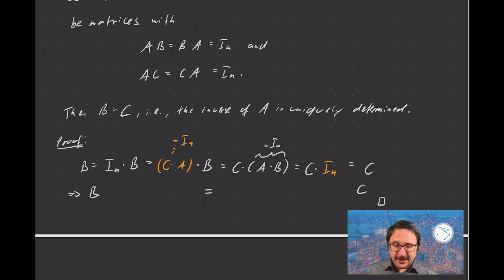So if an inverse matrix does exist, then it is uniquely determined. That's what this theorem tells us. And of course, the next question to ask is, how do we determine such a matrix? And how do we find out if one exists or not? Are there simple criteria? Is there an algorithm, something like Gaussian elimination?